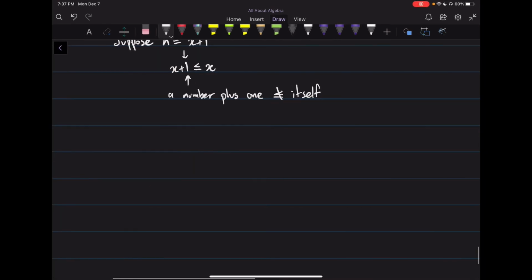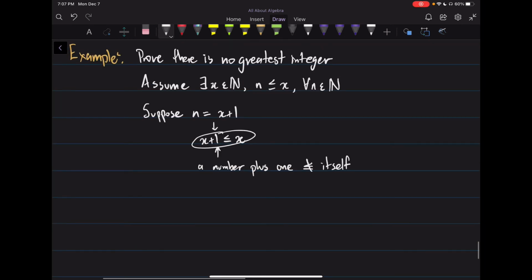So this contradicts this. Okay, well, what does this mean? This shows there is no largest positive integer.